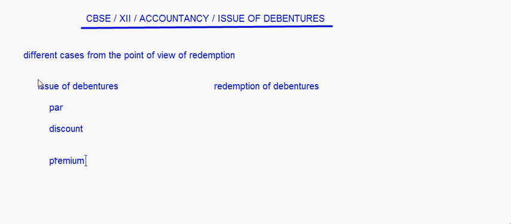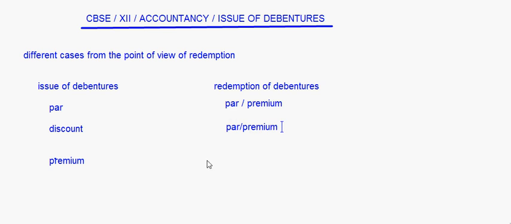Now redemption of debentures, that is, debentures issued at par, can be either redeemed at par or at premium. Same way, debentures issued at discount can be redeemed either at par or premium.